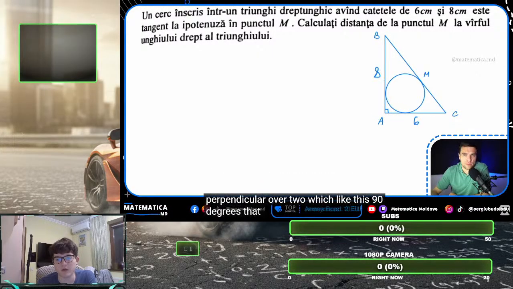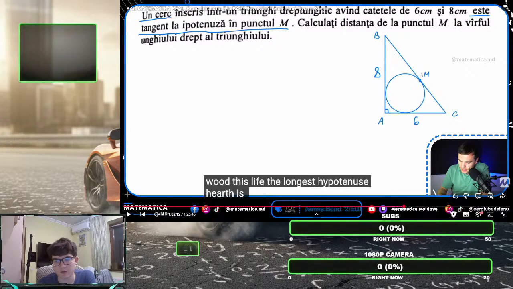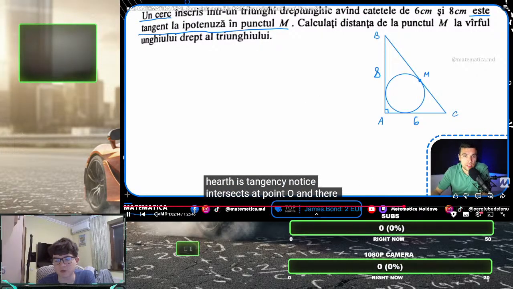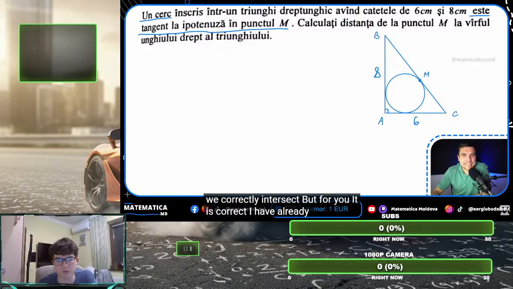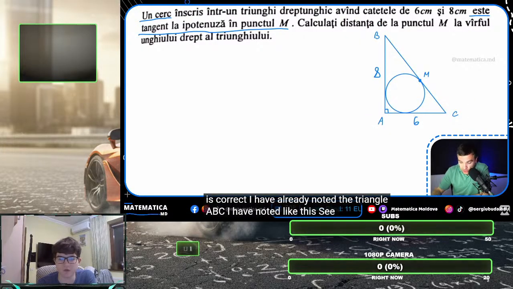A, B, C, boom. 6 and 8 there, like I said. So basically, I think this point M is on the circle itself. So I think we're gonna have to do some formulas with, how do you call it, the circle that has like 2 times smaller than the diameter every time, using 10,000 formulas.